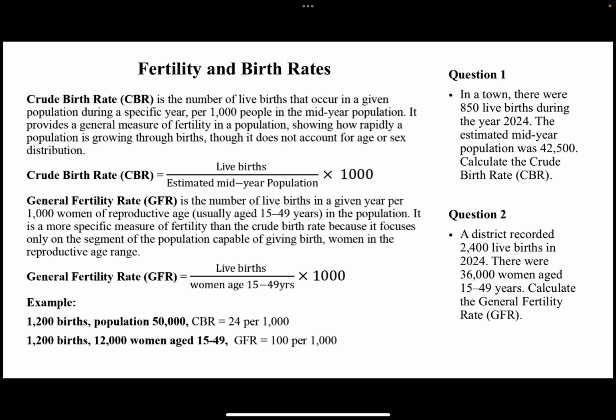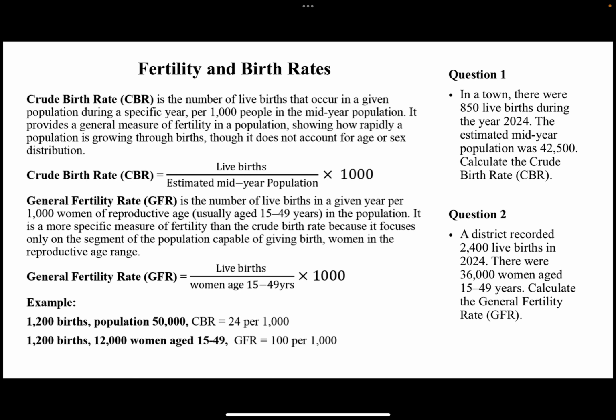Then you multiply by 1,000. If you multiply by 1,000, you are going to get 20. Is that okay? So the crude birth rate is 20 per 1,000 per year.